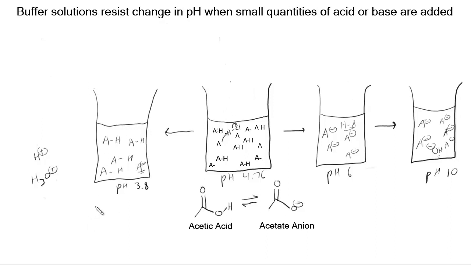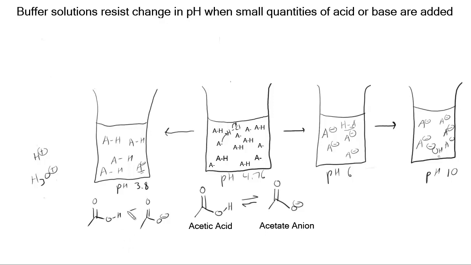Let's take a look at this solution in more detail. We have a high concentration of acetic acid, and we have very little, if any, acetate anion in solution. This would not be considered a good buffer solution because it cannot resist change in pH if a strong acid was added to the solution.